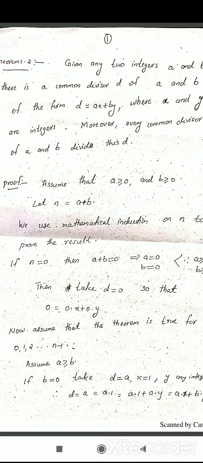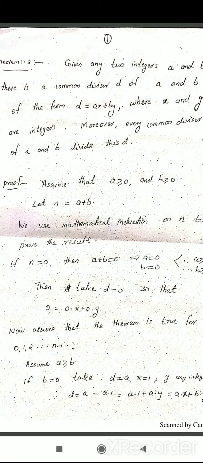Now, assume that the result is true for 0, 1, 2, 3 up to n minus 1. By symmetry, assume a greater than or equal to b. The other case, b greater than a, is proved in a similar way. So, if b equal to 0, that is, we have a and 0, we have to find a common divisor of a and 0. Clearly, a is a common divisor of a and 0. a divides 0 and a divides a. So, take d equal to a.